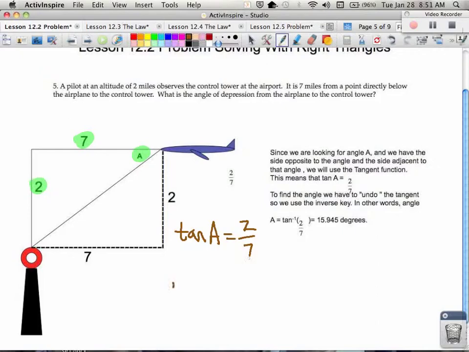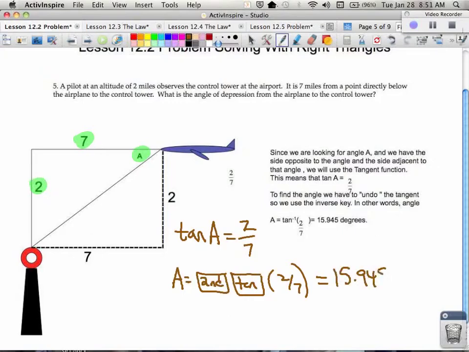So my angle A will be equal to second tangent of 2/7, and that means in the end I get 15.945 degrees after I hit the enter button.